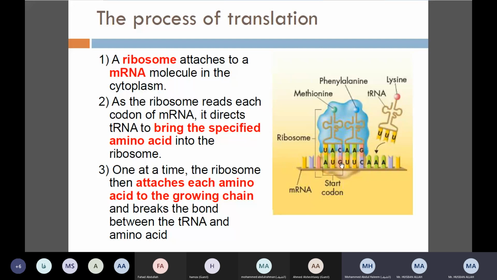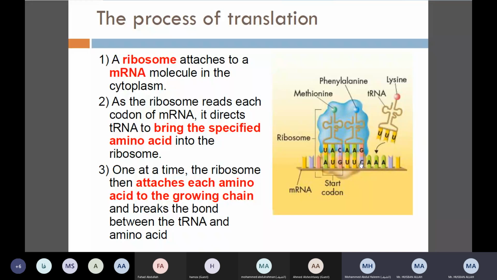AUG is the starting codon, methionine. So the opposite anticodon for methionine should be: for A it should be U, for U it should be A, and for G it should be C. So the opposite codon should be UAC. For AUG it will be UAC.